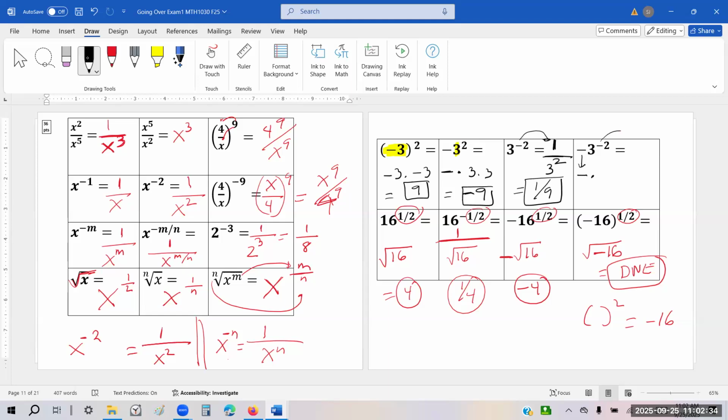This negative is on the power, so it's telling us to make it a fraction. Each negative has its individual role. Based on its role, you rewrite the whole thing. So you have -1/9. Any question? No.